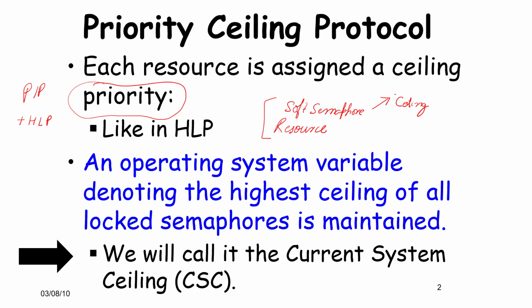So if you have multiple resources that are currently in use, the highest ceiling of all of these is the system wide ceiling or the current system ceiling. But note that unlike the definition of a ceiling, which is a theoretical maximum, this actually takes into account the resources that are currently in use. So in a sense, this is dynamic.